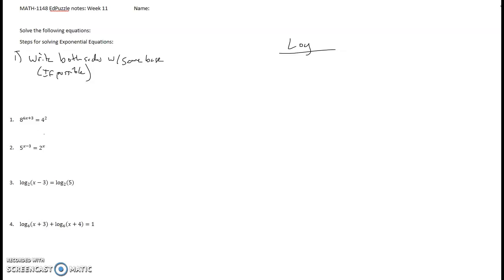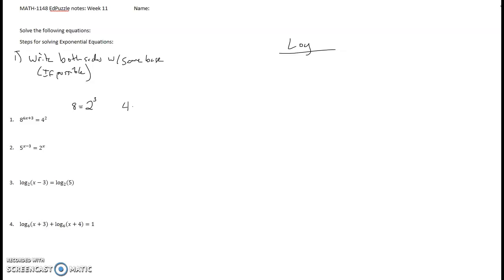So when I take a look at this first problem right here, 8 to the 6x plus 3 equals 4 squared. I can't write 8 as 4 squared, but we can write these both as a power of 2. So if we think about 8, 8 is 2 to what power? 8 is equal to 2 to the third power.